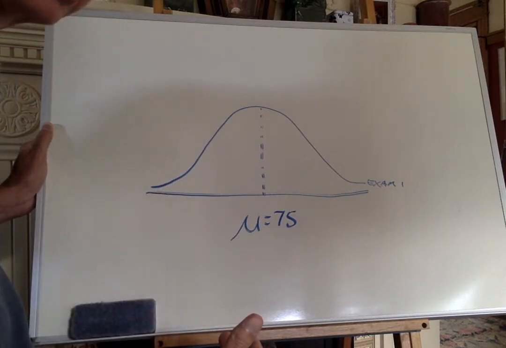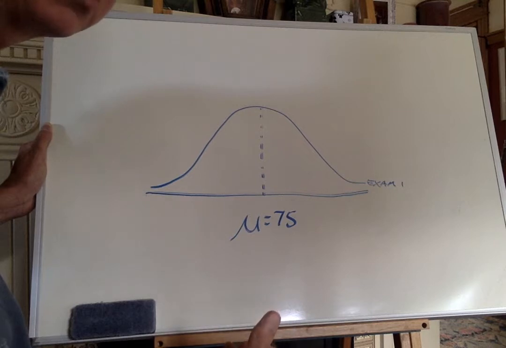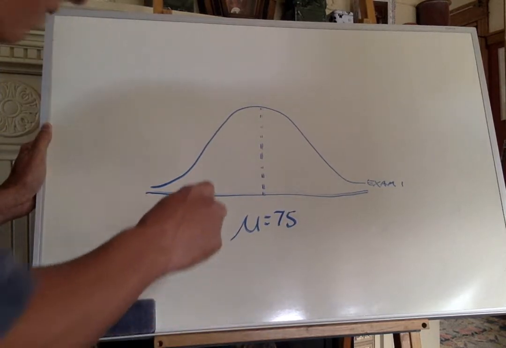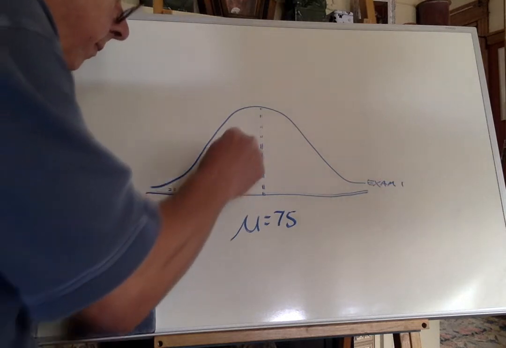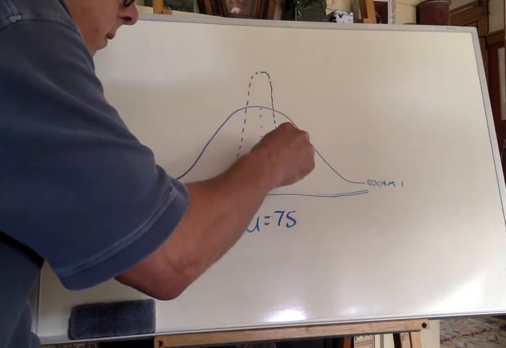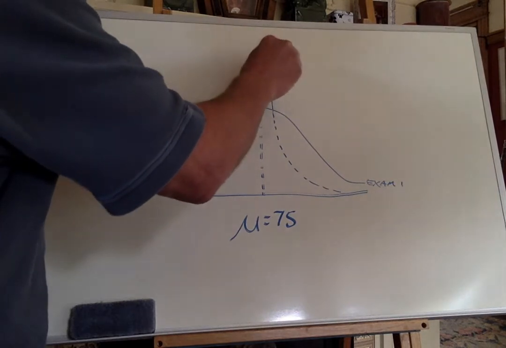What would that look like? Well, it's going to be less variable. It's going to be less spread out. That is, a distribution with a standard deviation of 3 is less spread out than a distribution with a standard deviation of 10. So let's do a graphic representation, and okay, so this is going to be exam 3.